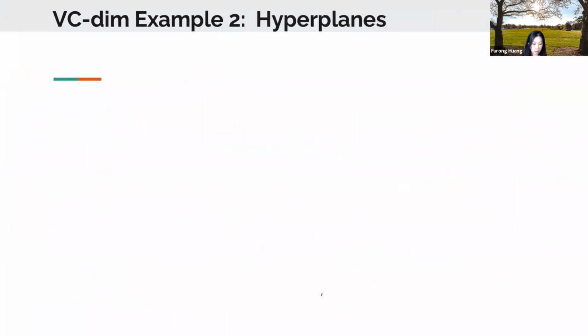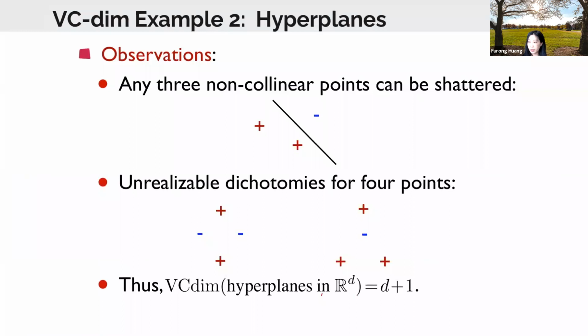Okay. Can we move on? All right. So the next example is the hyperplane, right? If you have a hyperplane, what is this? Basically a linear classifier, right? One side of the hyperplane you classify as positive and the other side as negative. That's how a hypothesis is defined.